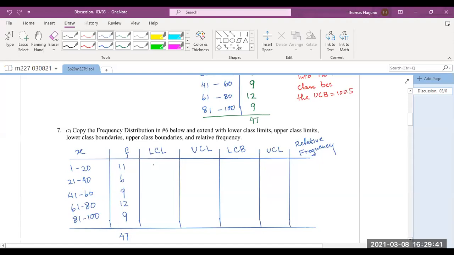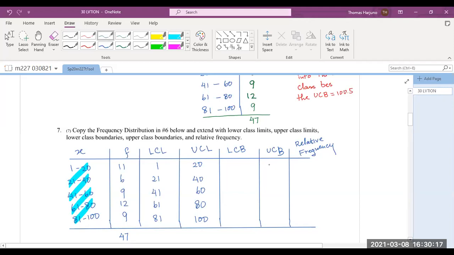Now then, the lower class limit for each class, basically the first, the smallest registered number on that interval. Upper class limit is the largest registered number for that interval. While lower class boundary, upper class boundary is the midpoint between consecutive lower class and upper class limits.